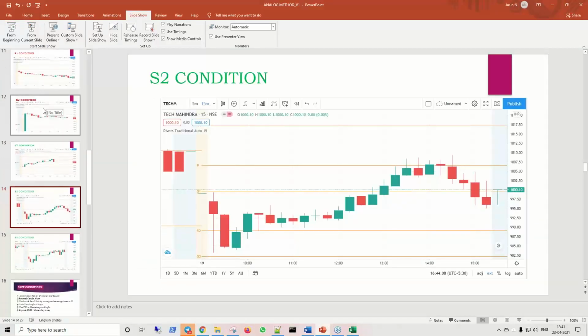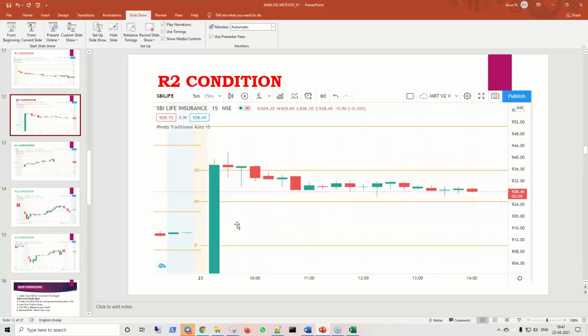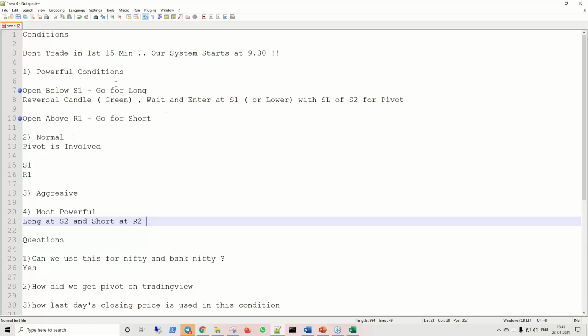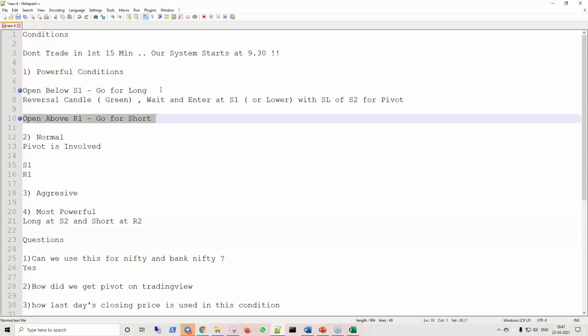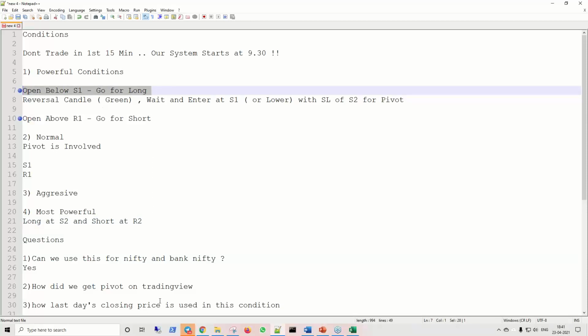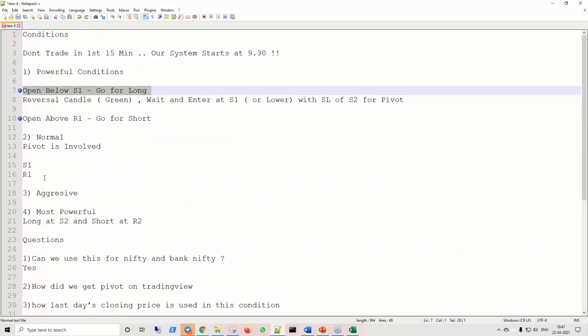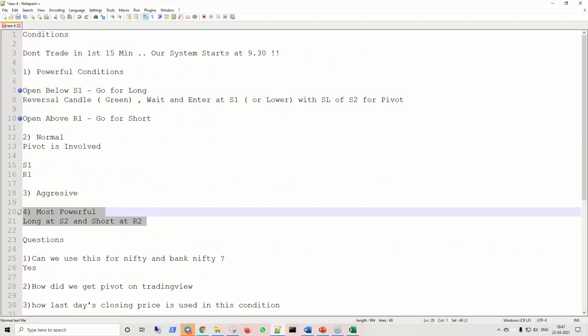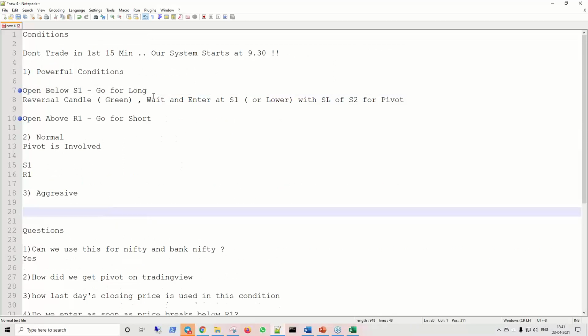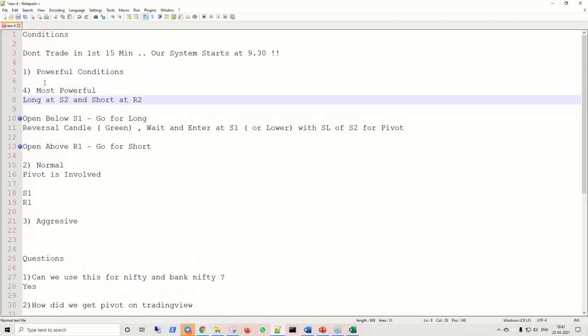Do remember S2 and R2 conditions are highly powerful because more likely you would be capturing the day high. And this is highly powerful when the open is above R1 or below S1, and when this is combined with this, it becomes most powerful.